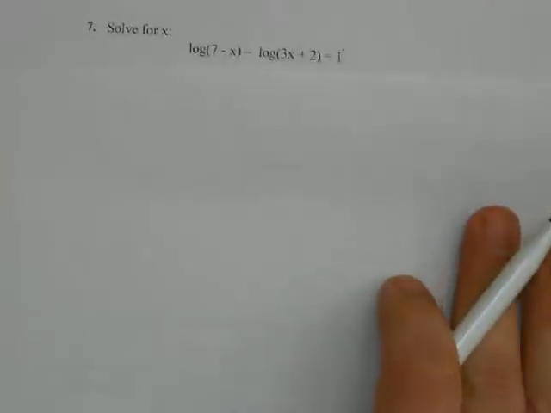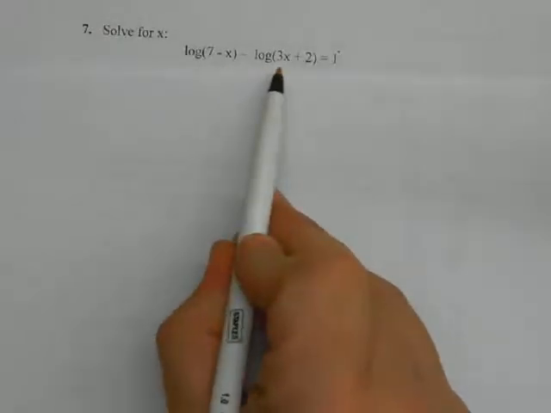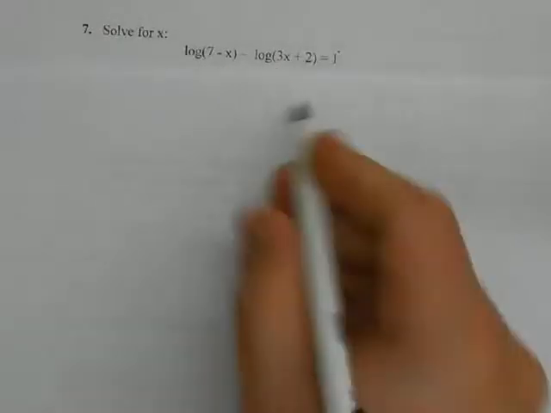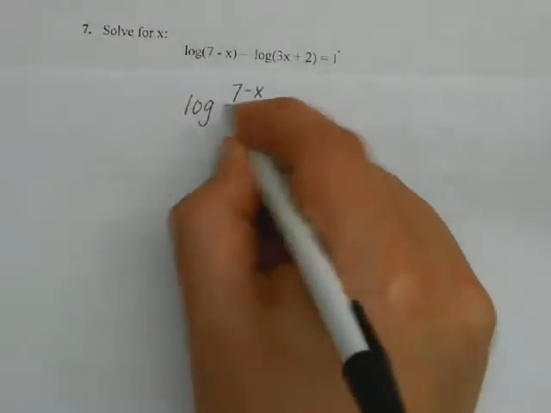Okay, number 7, we're going to solve for x. Notice we've got two different log expressions on the left side. So your first step should be to rewrite it as a single log expression.